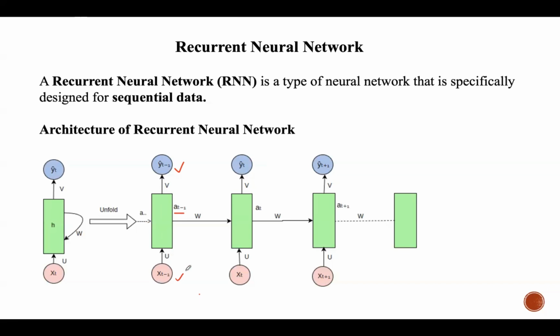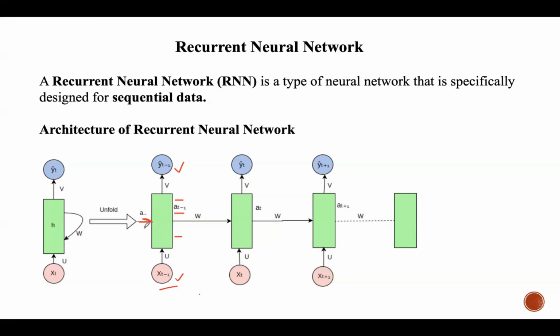So how will things be processed? If you take this input at time step t minus 1, this input will be passed to the RNN cell. Say the RNN cell is placed here along with the initial hidden state. So there will be two parts here. In this diagram, only the hidden state was represented. This initial hidden state will usually be zeros, as it does not have any previous data.